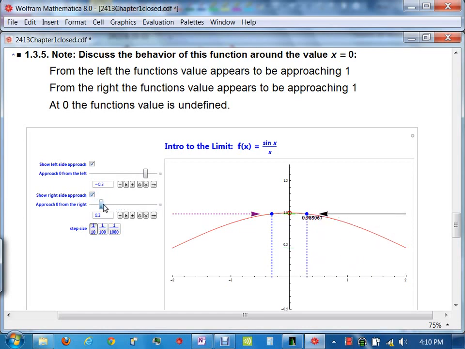Headed up to 1 also, right? But what's happening at 0? At 0, what does it look like is there? A hole. Again, what's sine of 0? 0 divided by 0, you get undefined. So our function should have a hole in it.